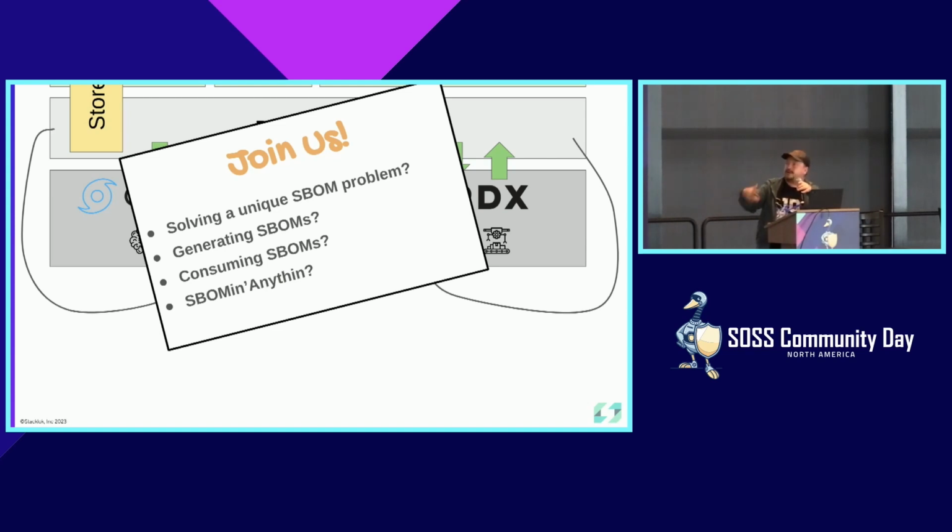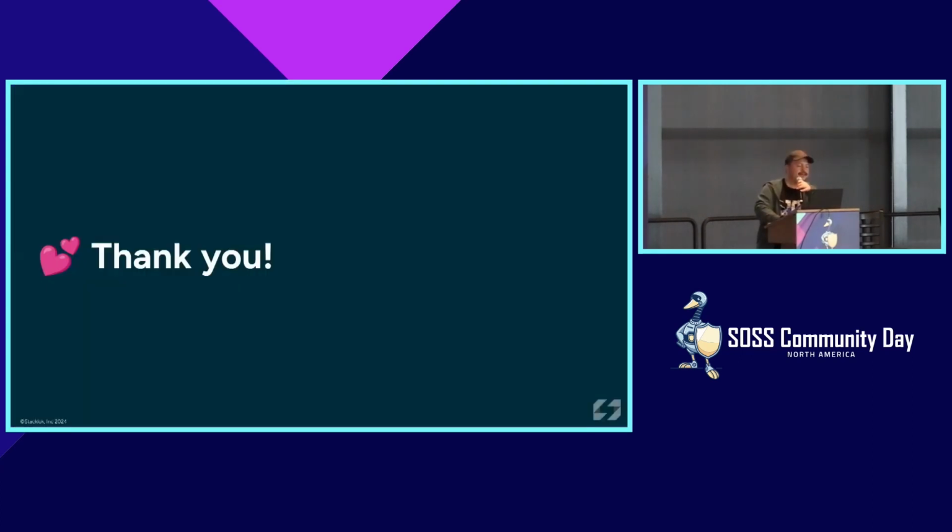If you're generating or consuming SBOMs, please join us. And in fact, if you're SBOMing anything at all, please come join us. The conversations are endless, always fun, but they tend to need external fresh blood from others to make them more interesting. So yeah, this is what I have.